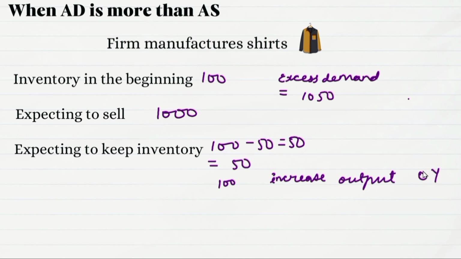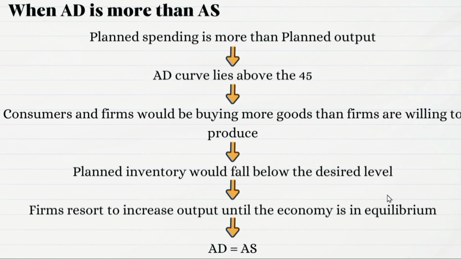So this process of increasing the output will continue till the economy is back in equilibrium and AD becomes equal to AS and there is no further tendency to change. Let's have a quick recap. When our AD is more than AS, our planned spending is more than planned output. The AD curve would lie above the 45-degree line.